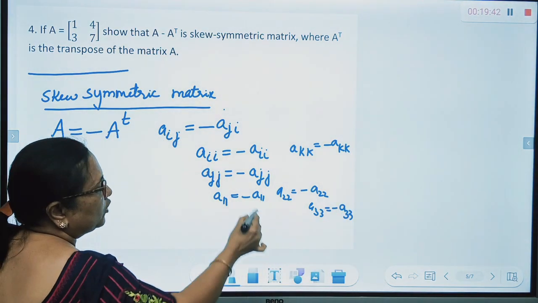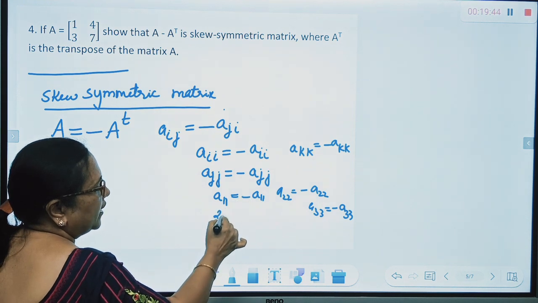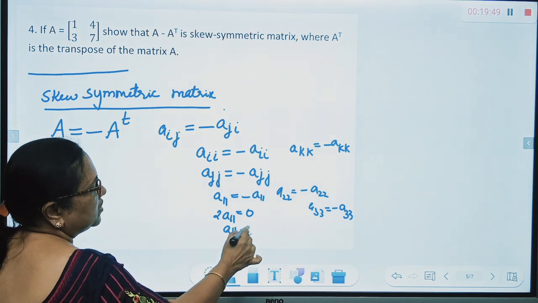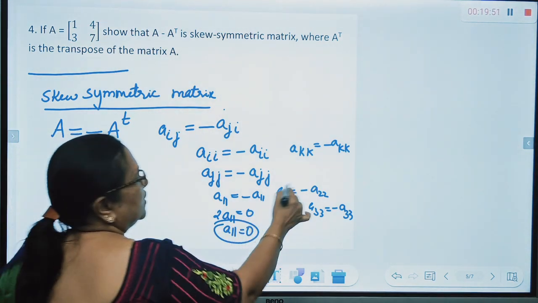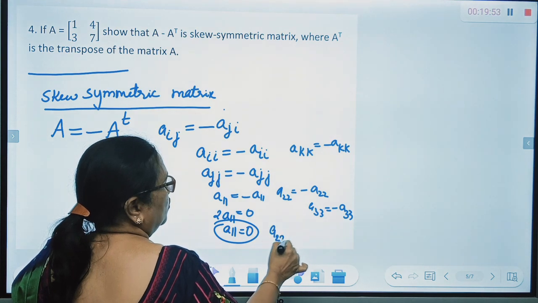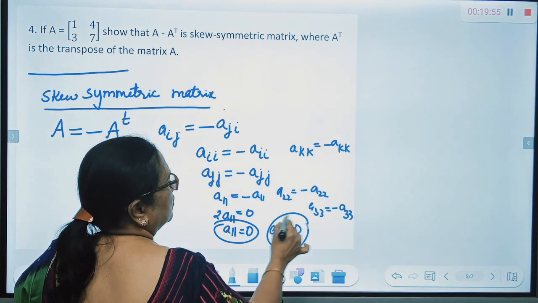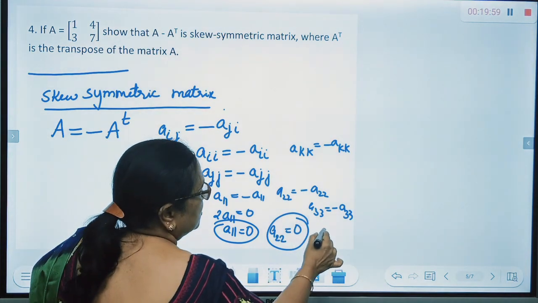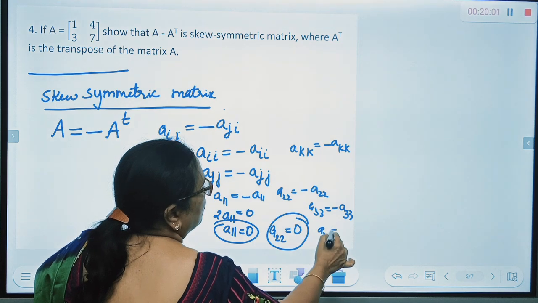Now, when can this be true? If I add, what will I get? 2 times A11 is 0, which means A11 is 0. This means A22 is 0, because we bring it to this side. If I bring it to this side, 2 times A33 is 0. So, A33 equals 0.